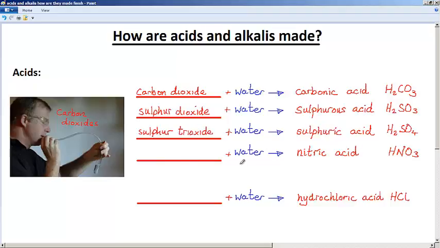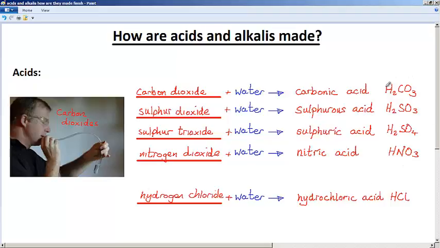Then nitric acid, well, that's produced by dissolving nitrogen dioxide in water. Now, the fifth acid here, which is also a very common laboratory acid, which is hydrochloric acid, well, that's also produced by dissolving a gas in water, but this time the name of the gas is hydrogen chloride.